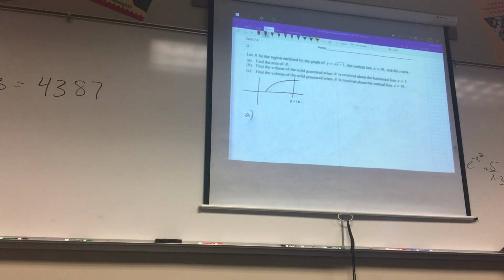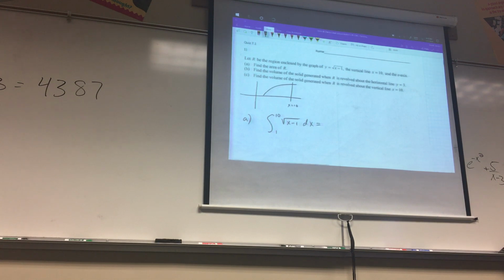when they ask us to find the area, it should be really simple. I should integrate from where to where? 1 to 10 of the square root of x minus 1. You can plug this into your calculator, but there's no need because it's raised to the 1/2 power. So now it's x minus 1 to the 3/2 power over 3/2, evaluated from 1 to 10.